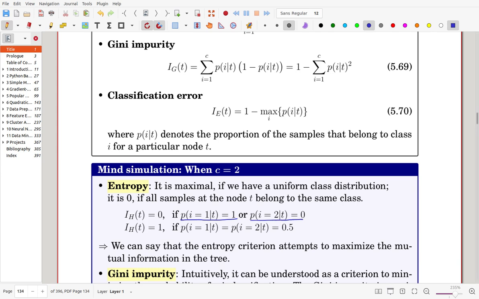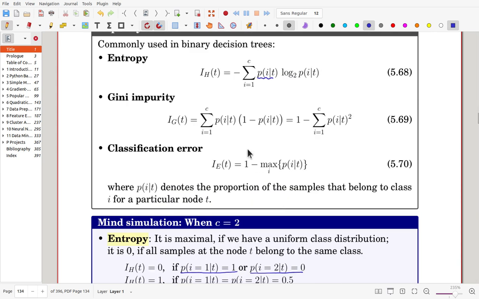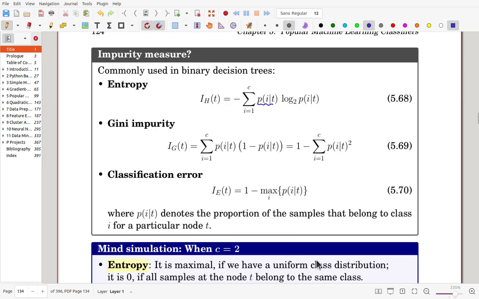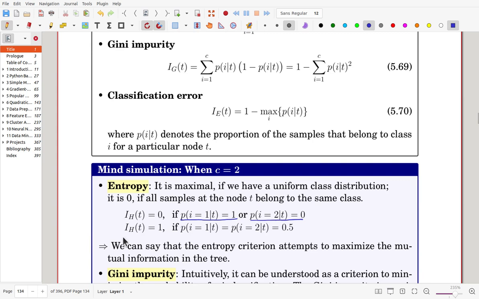Along with that, here the entropy will be 0. And here, with a uniform class distribution, P1 and P2 are 0.5. By using the values, you can reach the entropy 1, that is the maximum value.